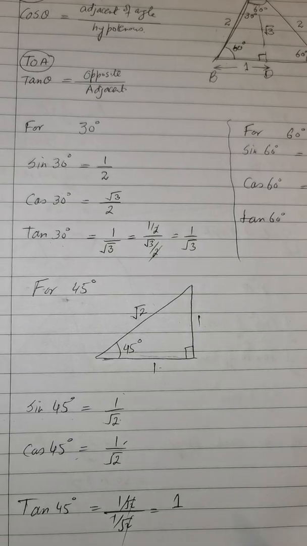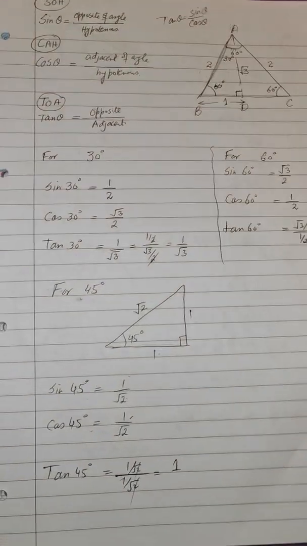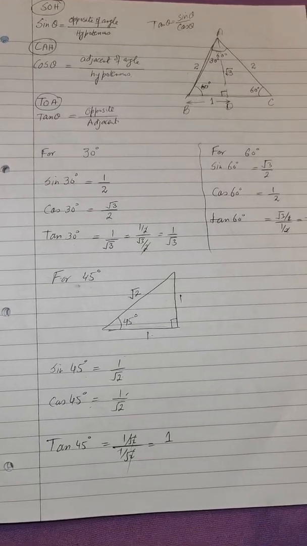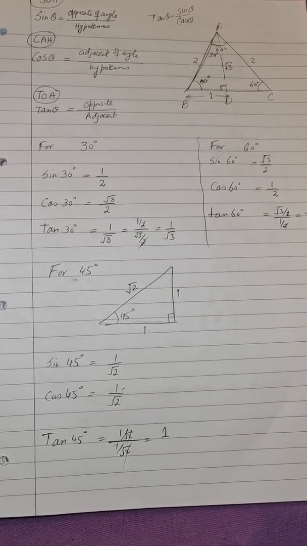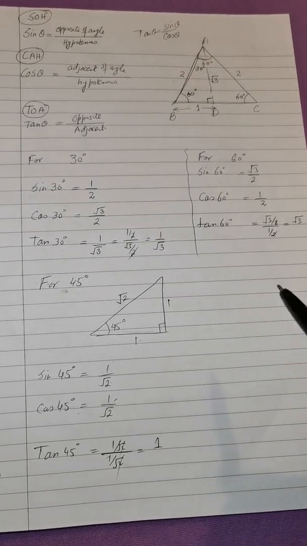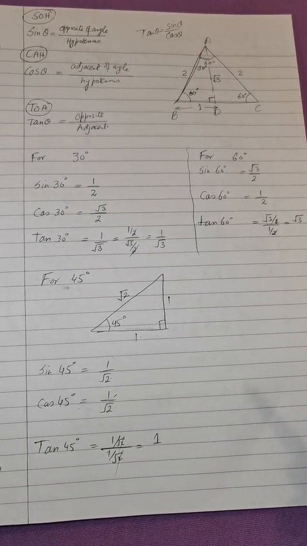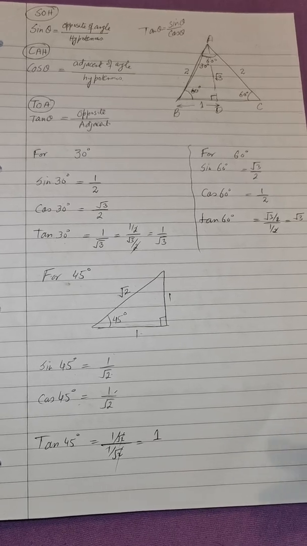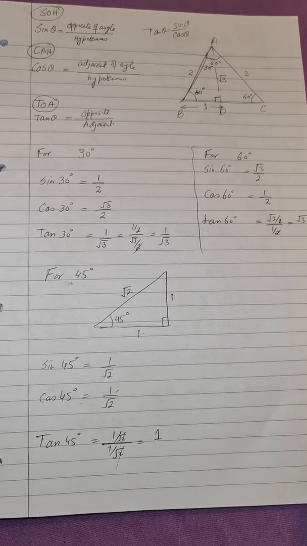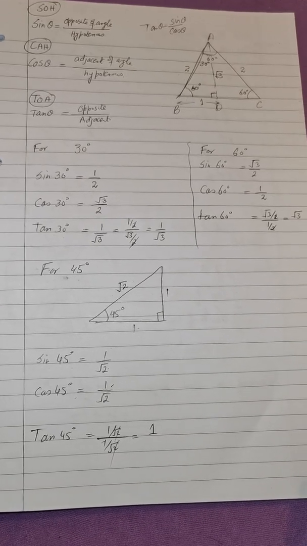In my next video I will show you the exact method of how we can find the values using the triangles, right? I will draw a table, and I will show you how we can keep in mind all the values of sin and cos for 30, 60 and 45 degree and 90 degree even.